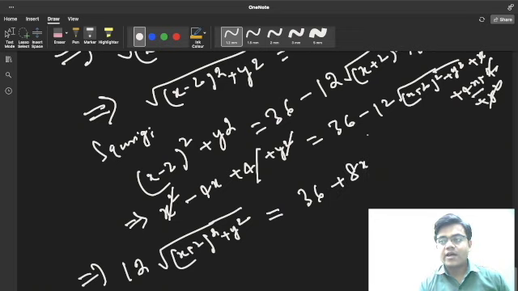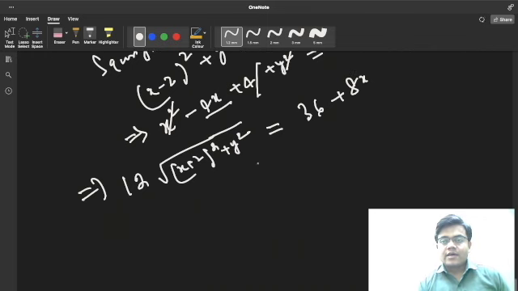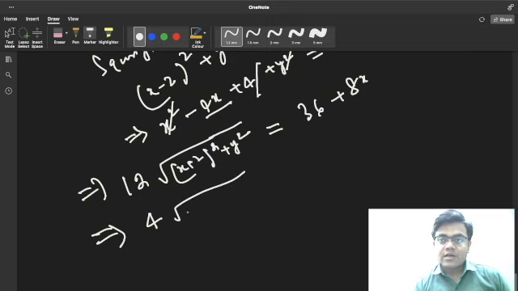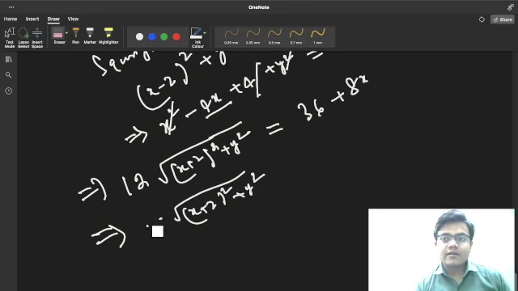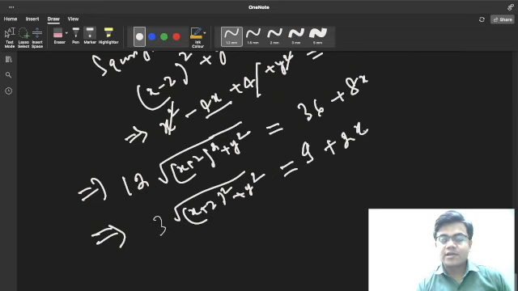Do you know this 4x and this 4x will add up. And thereafter we can take 4 as common, isn't it? So it will become 4 times the square root of (x + 2) whole square plus y square, and if we take 4 as common here, then only 3 will be here, and divided by 4 it will give you 9, divided by 4 it will give you 2x.